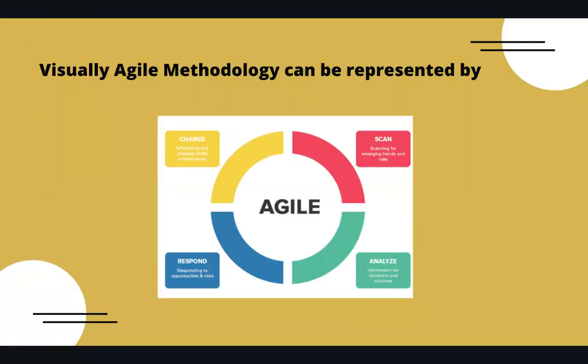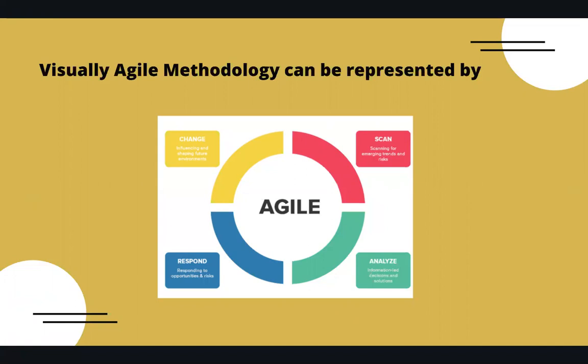So if you were to visually represent the Agile methodology, as you can see here, it's a continuous circle. So you start by scanning trends and risks, and then you go to analyze them, make a decision and come up with some solutions. Once you've done that, then you can use the solutions to respond to any opportunities or any risks that may occur.